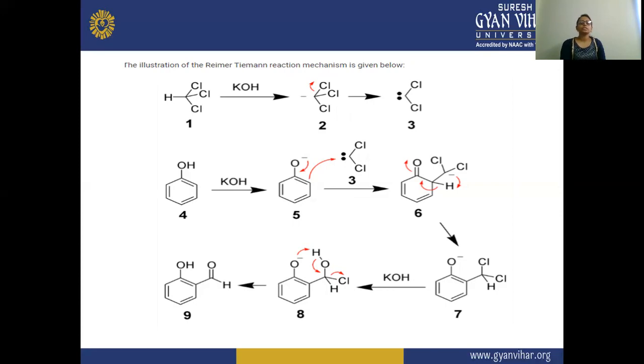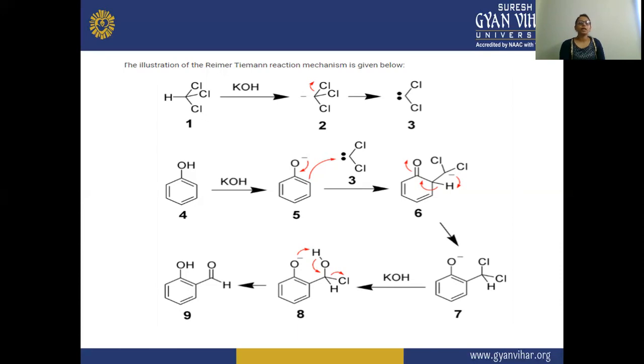Then the carbon contains the negative charge, and there is a formation of a carbanion. This carbon has the lone pair of electrons. When phenol reacts with KOH, there is a formation of the phenoxide ion.